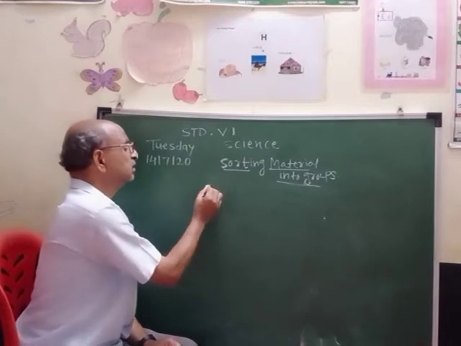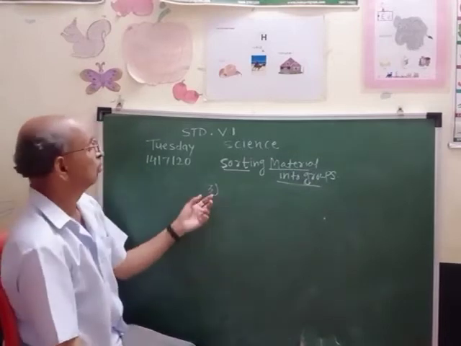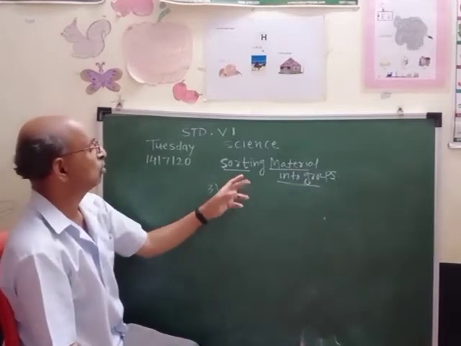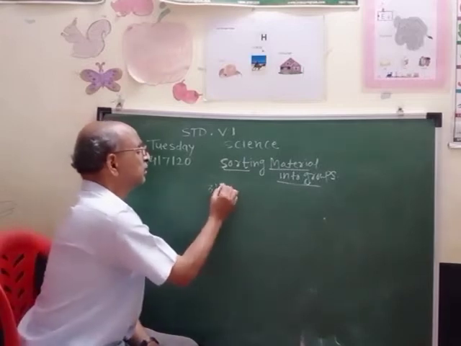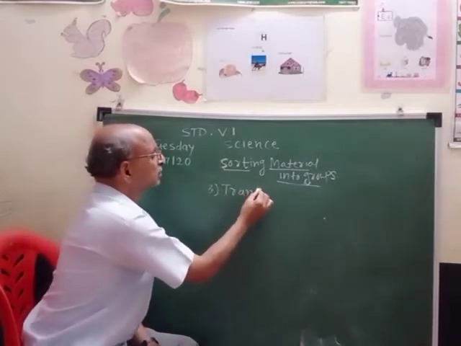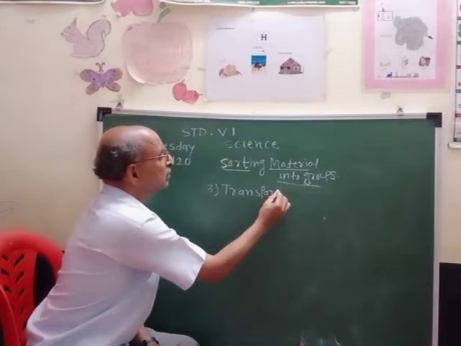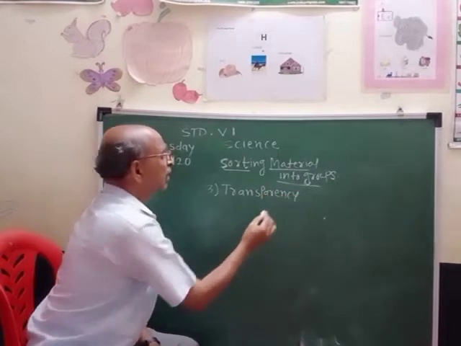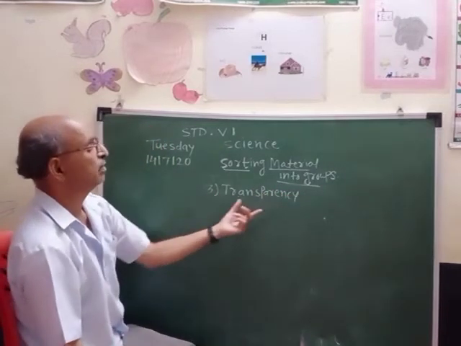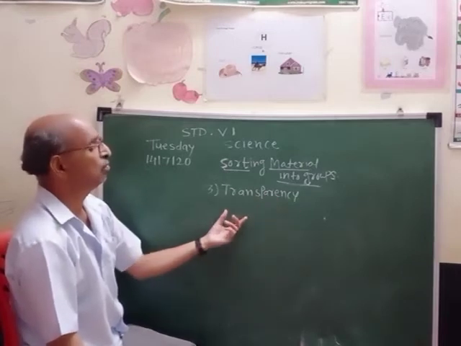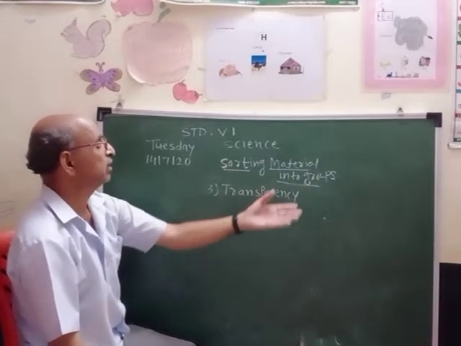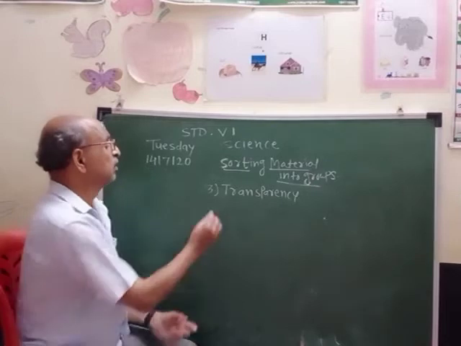Now we see the third property on which we can make groups or sort the material. The third property is transparency. Transparent means we can see from one part to the other part.